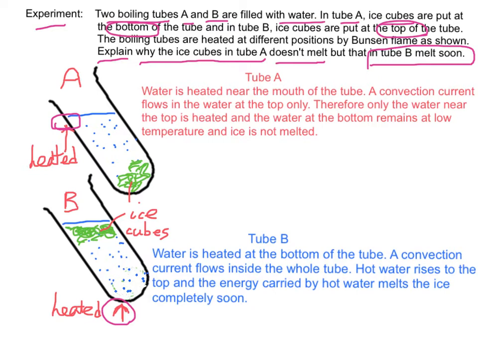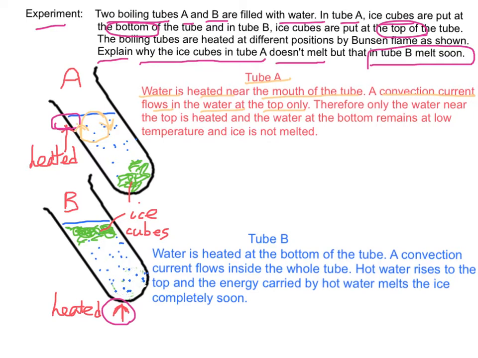The reason is that in tube A, the water is heated near the mouth of the tube. Therefore, we have a convection current flowing in the water at the top of the tube only. That means there is only a convection current near the top. Hot water rises and cold water sinks. Okay.